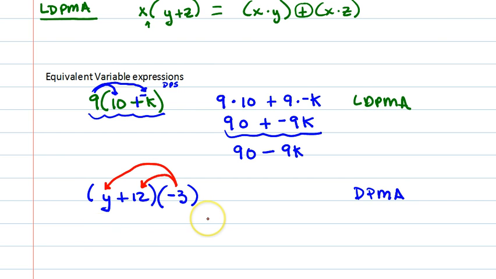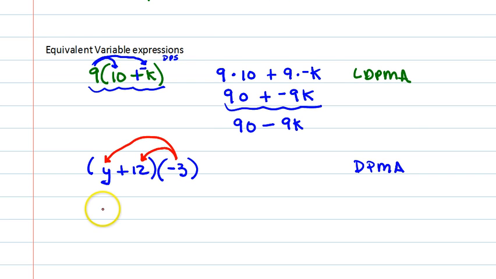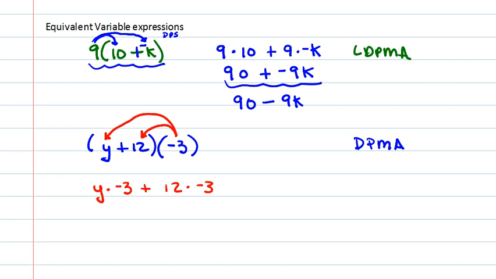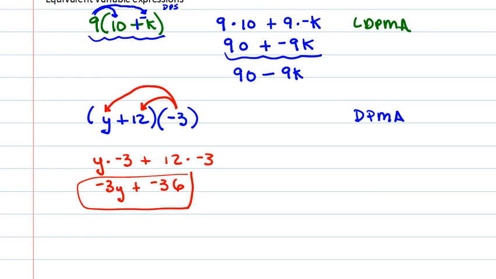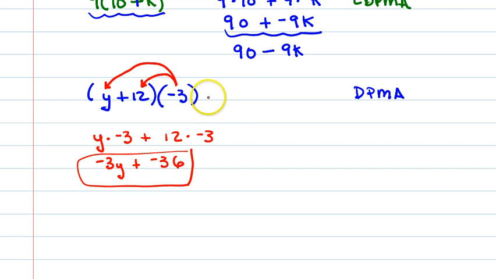And an equivalent variable expression to this expression would be y times negative 3 plus 12 times negative 3. Or a simpler way of writing this would be negative 3y plus negative 36. And that would be my simplified solution to that variable expression. Remember, these two are equivalent variable expressions.